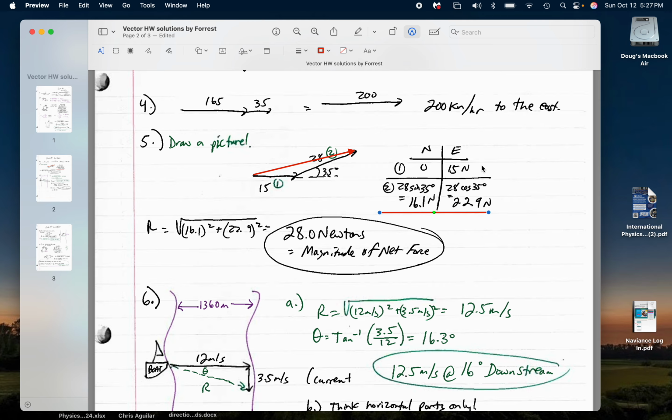This is 16.1, but these two I've got to add together, so that's going to be 37.9. Down here, this is going to be 16.1 here. So my bet is it's going to be something different than the 28.0.